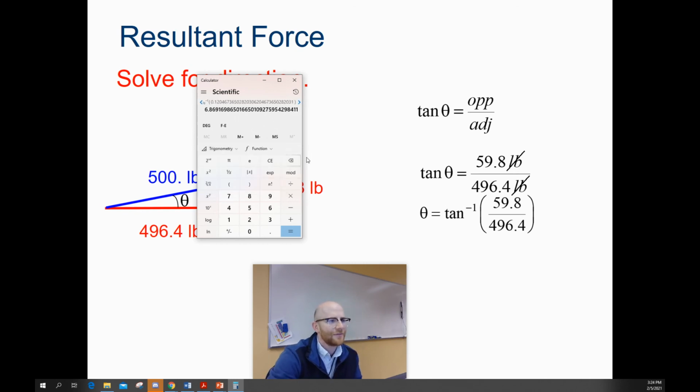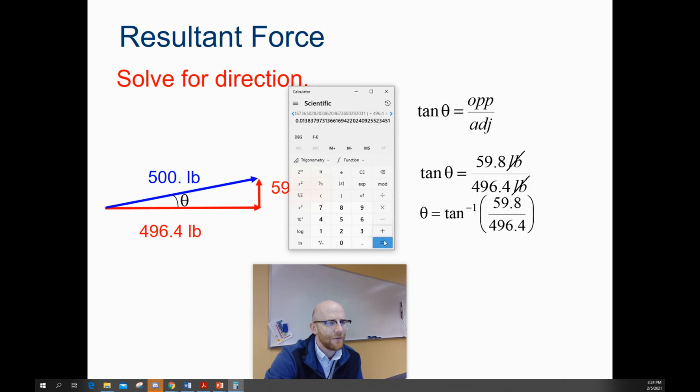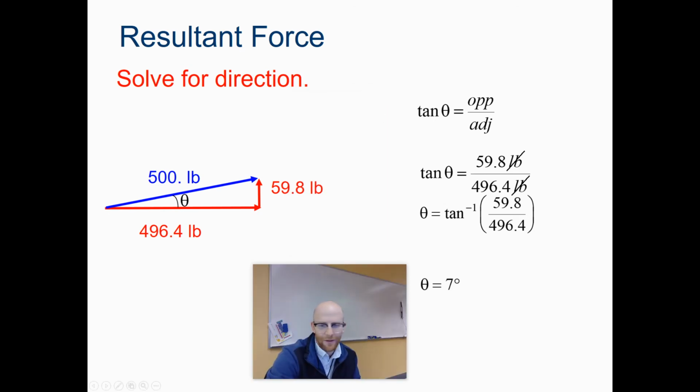I go inverse tangent. I just blew it. Hold on one second. I clicked it twice. Don't click it twice, because then you're doing inverse tan and then another inverse tan. Let's try that one more time.